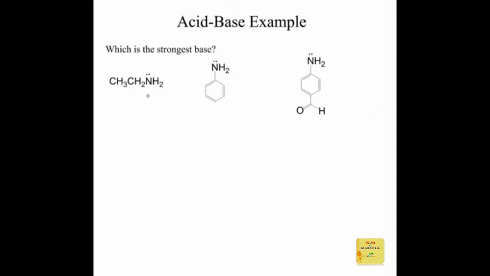This first amine has no stabilization, no resonance stabilization. Nothing special about this structure. But when we have a nitrogen attached to a benzene ring, this lone pair is now allylic, or we call it benzylic when it's next to a benzene ring. And so it can have resonance.